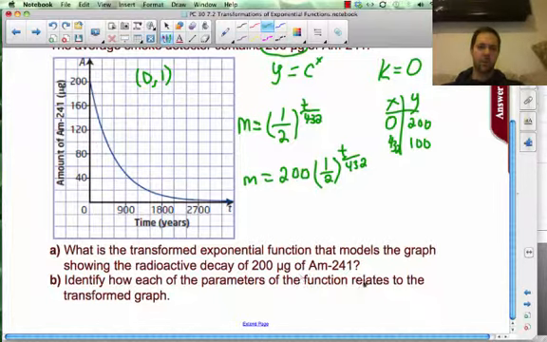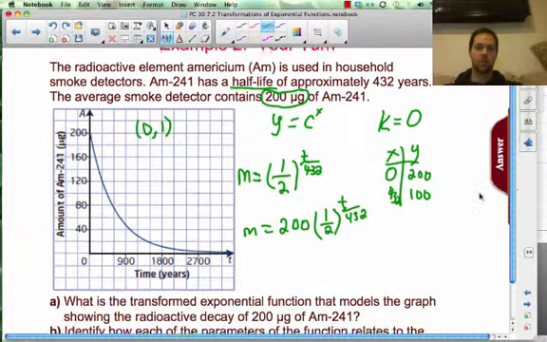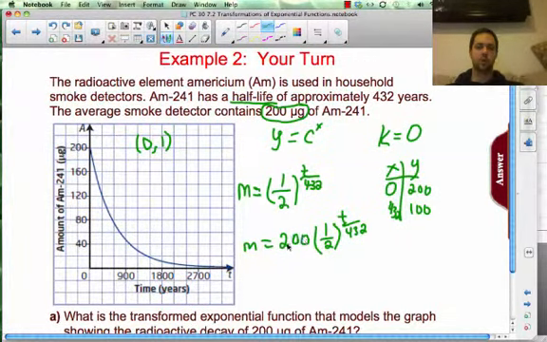So identify how each of the parameters of the function relates to the transformed graph. Well, we know this already. 200 is a vertical stretch factor, a stretch about the x-axis, so we're stretching this way. It stretches from 0 and 1 to 0 and 200. Our b parameter, 432, makes this thing decay a lot more slowly than it otherwise would.